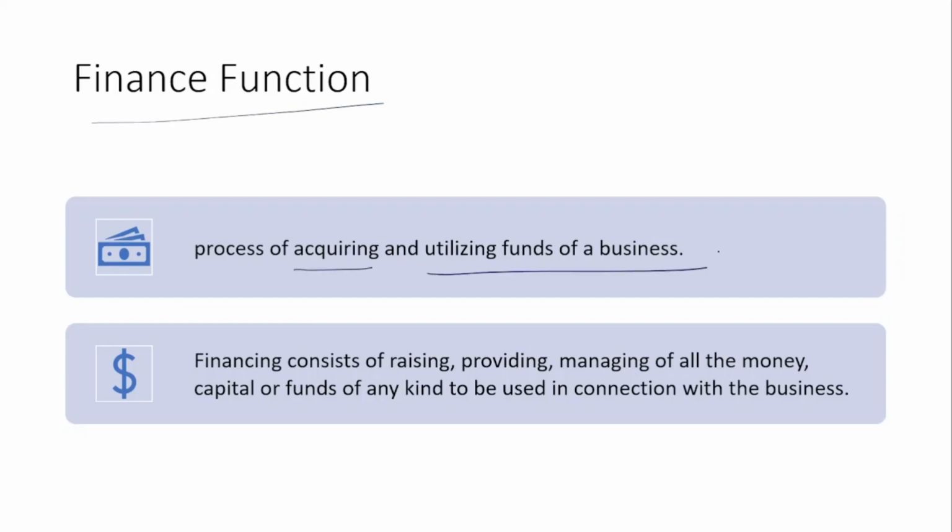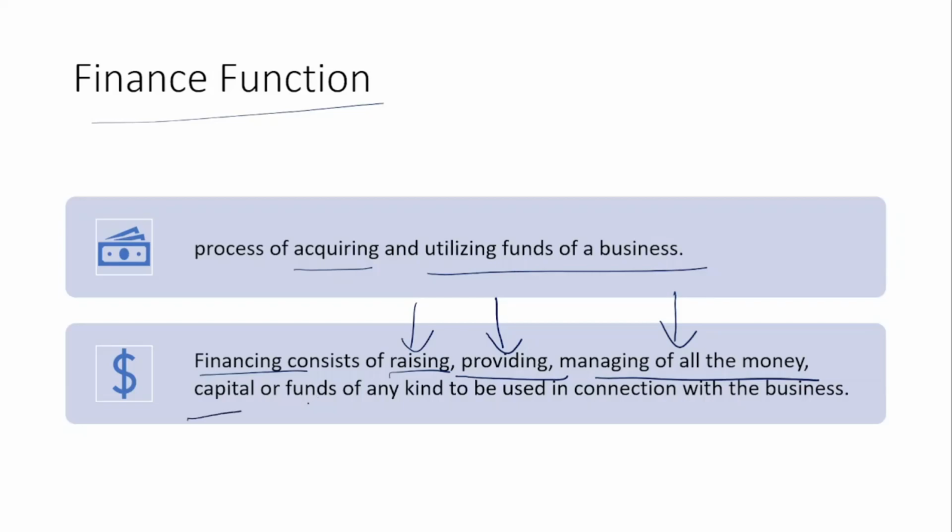As I told you, financing is a process which consists of first raising the money, providing the money for various departments, and managing all the money. Once you provide the money, you should check whether the money is managed in a proper way.